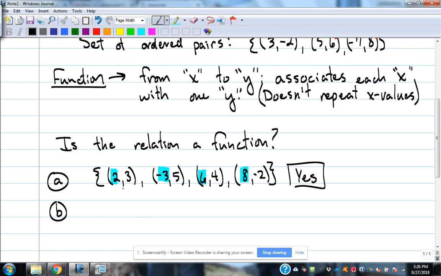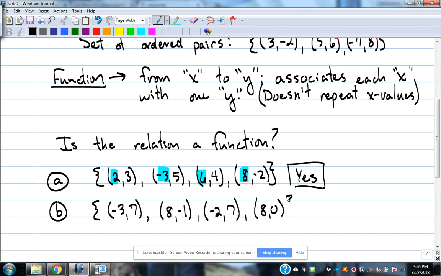Let's look at another one. (-3, 7), (8, -1), (-2, 7), (8, 0). So we're looking at this relation and trying to decide, is that a function or not? And if it's not, we're going to tell why. So what's the only test to see if something's a function? Does x repeat?